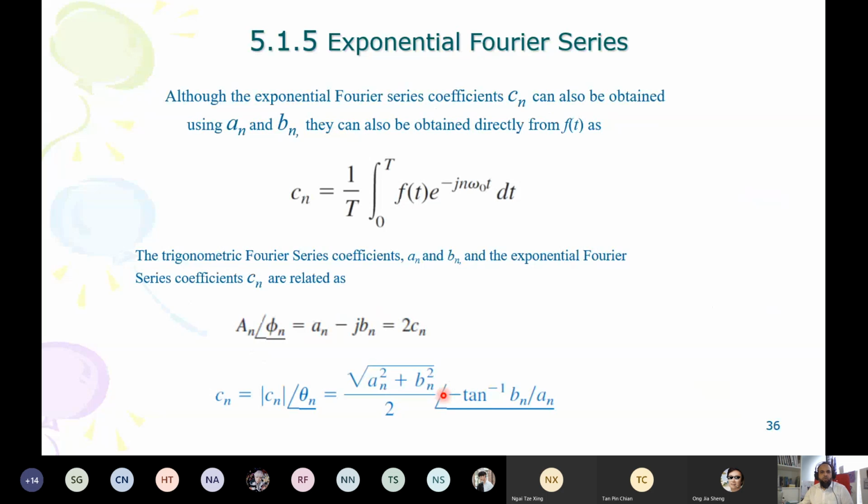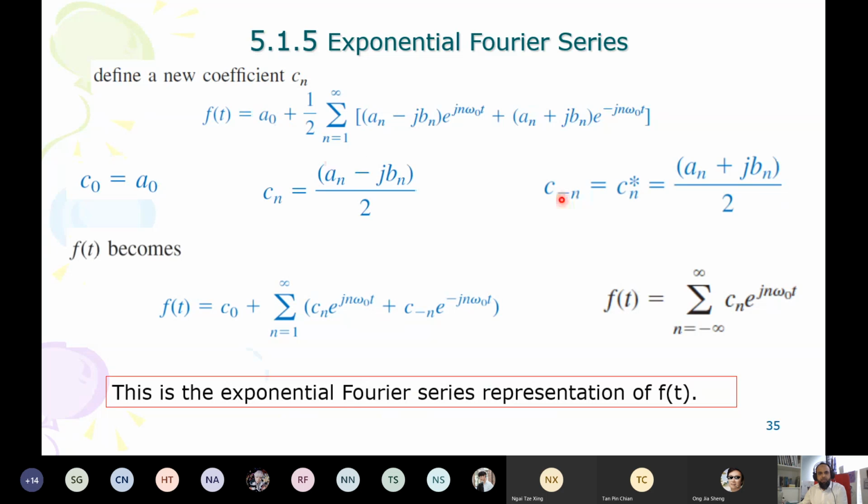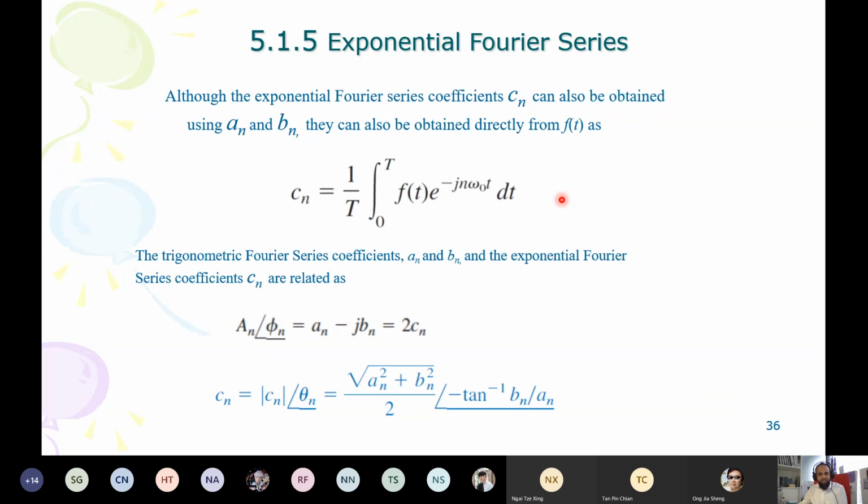We can also find Cn using An and Bn, which was shown in the previous slide, but we will not use this. We can use it, but this is extra work. We can simplify our work by using this one. So just one, and we get all of these. Right? So it's like placing e to the minus j n omega naught t to find the Cn.